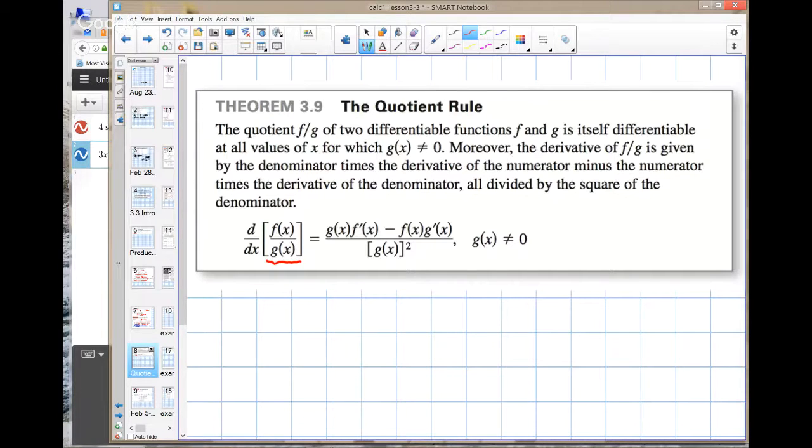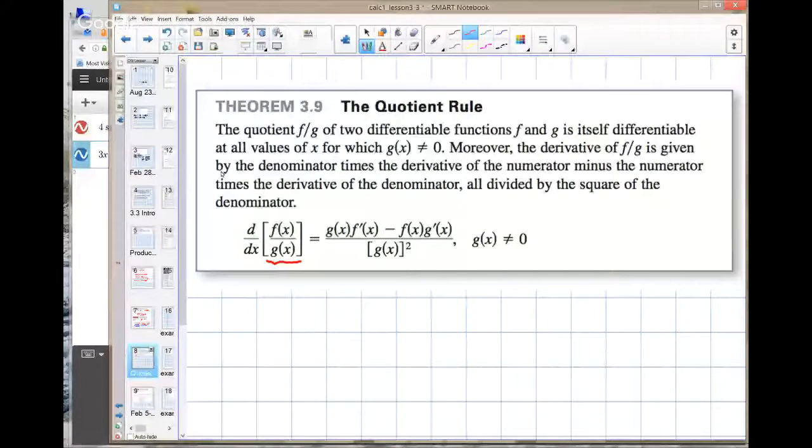And here's the rule. You take the denominator times the derivative of the numerator, minus the numerator times the derivative of the denominator, all over the denominator squared. Sorry, can't get that any easier.